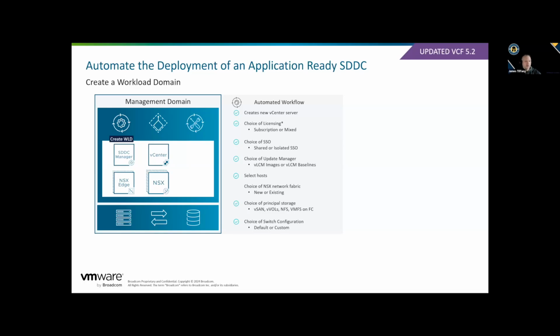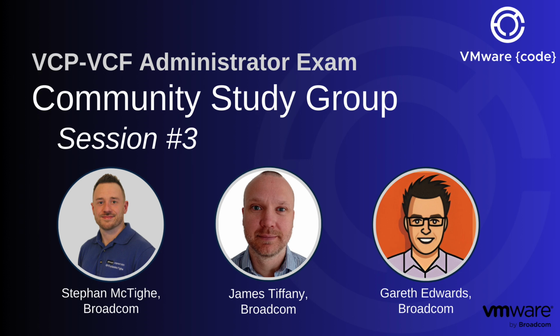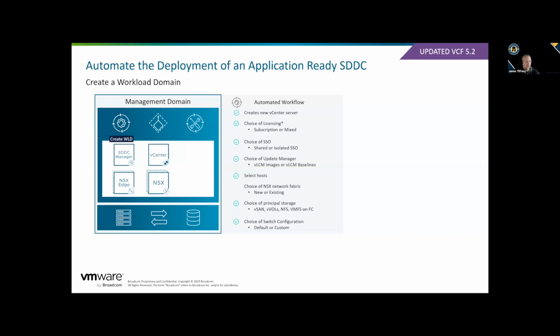One question that gets asked quite a lot is around the sharing of distributed switches. There is no sharing of them, so the distributed switch gets created each time you either create the workload domain or a cluster.